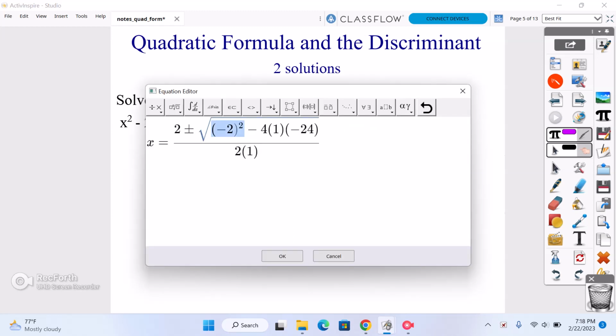Remember to put that into your calculator as negative 2 in parentheses squared. Negative times a negative is going to give us a positive, and we're going to end up with plus 96, all divided by 2 times 1, which is 2.